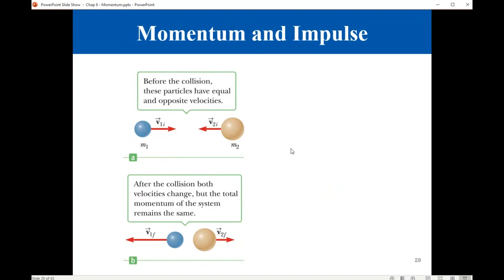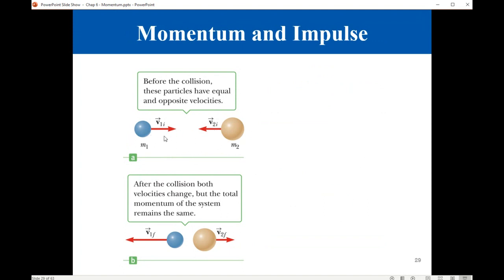So, before collision, objects with their own masses will be moving with their own velocities. Like here, you have this object, mass m1, moving with this velocity, v1 initial. This is the second object, m2, moving with its own velocity, v2 initial. They collide.